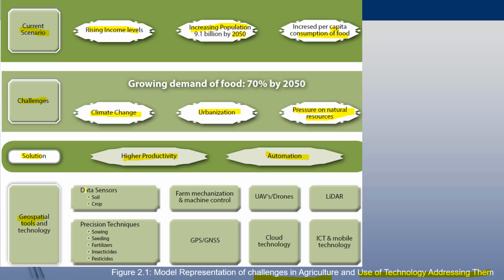There are data sensors for soil and crops, and precision techniques for seeding, sowing, and the use of fertilizers, insecticides and pesticides. There are other tools like drones, unmanned aerial vehicles, and sensors like GPS, GNSS, and farm machinery control mechanisms.